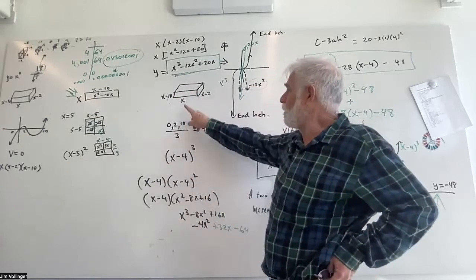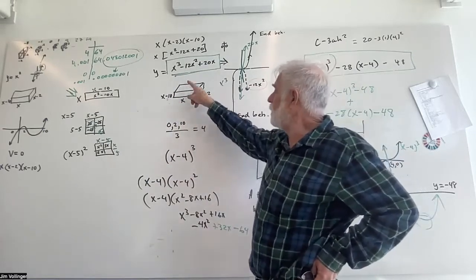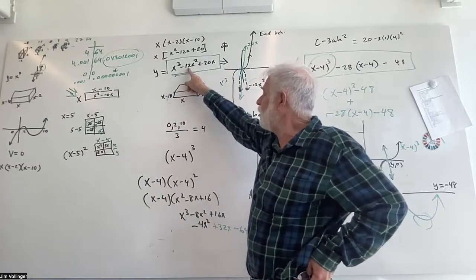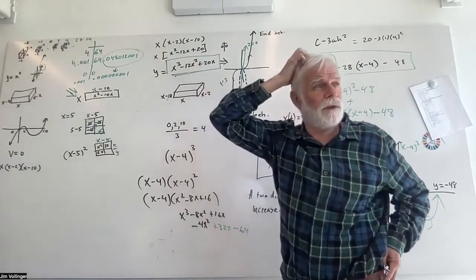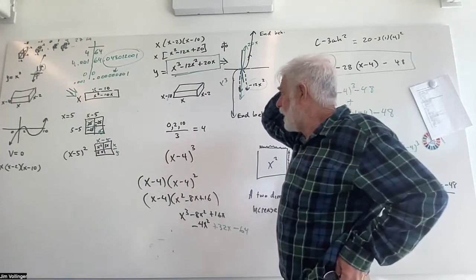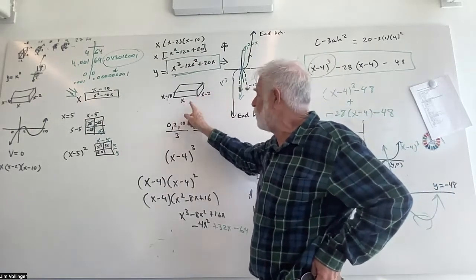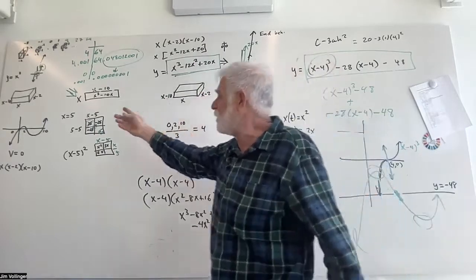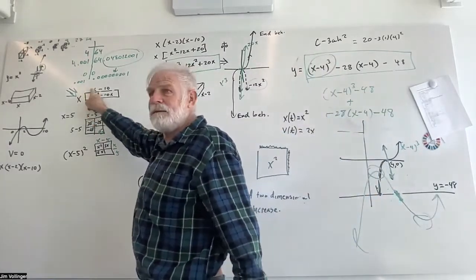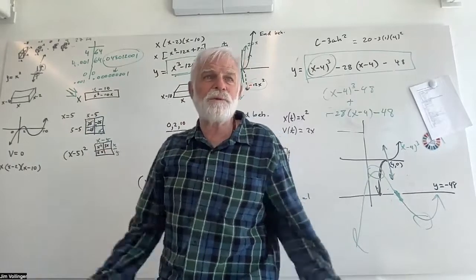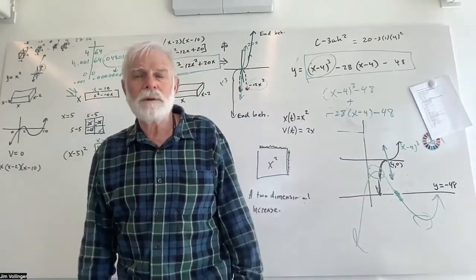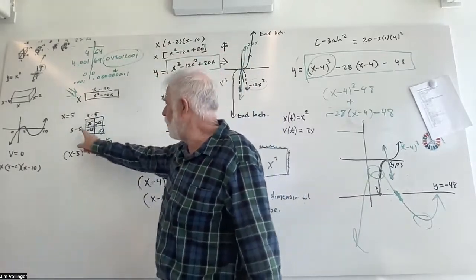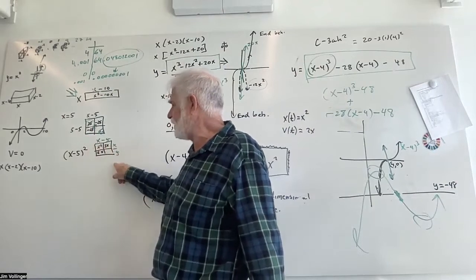I think you've got to work with the surface area here, right? And how am I going to make all sides equal? This 0 is a root, 10 is a root, 2 is a root. The same thing over here, 0 and 10. Those are the roots. What do we do? We add them up and divide by 2. And that gives us x minus 5 times x minus 5.